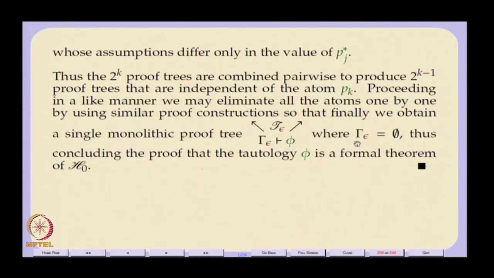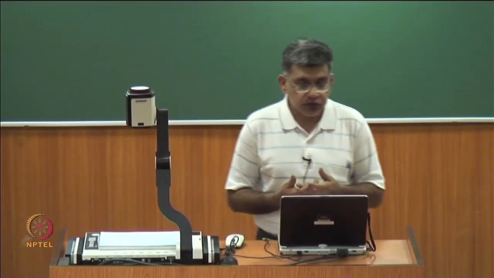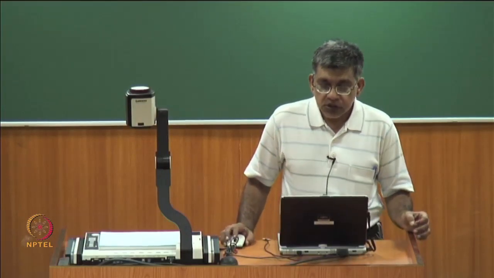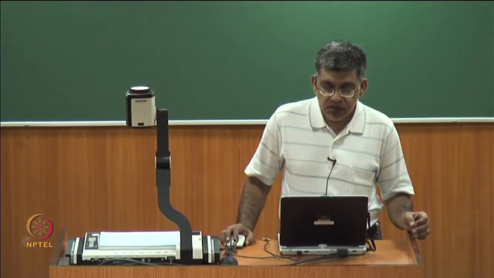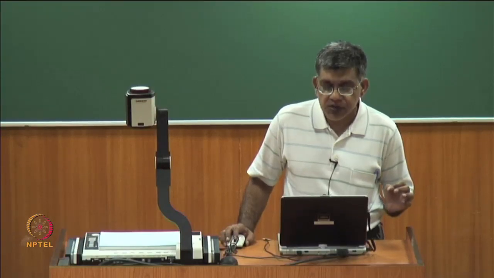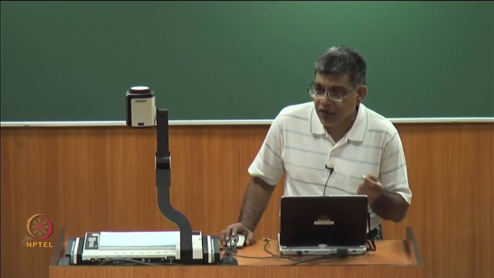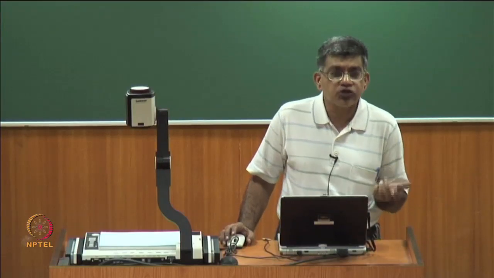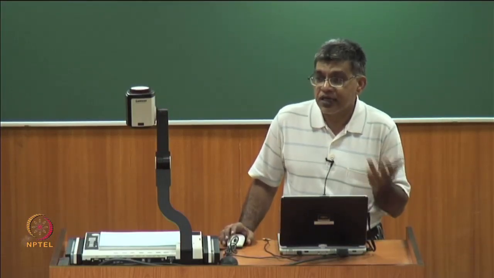So, this is how this proof goes, and this proof cannot be replicated the moment you have a system where the semantics is infinitary, and that is precisely what is going to happen when we do first order logic. This means that when we come to first order logic, there are certain things that we will not have any access to. One is the notion of a truth table, or at least a finite truth table.